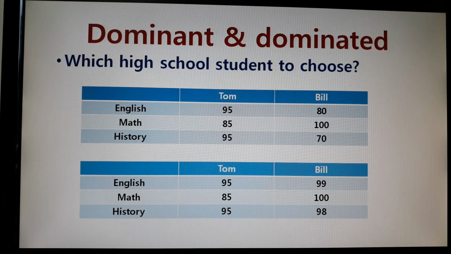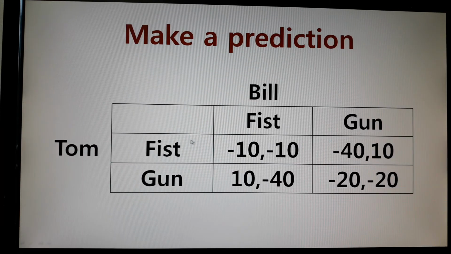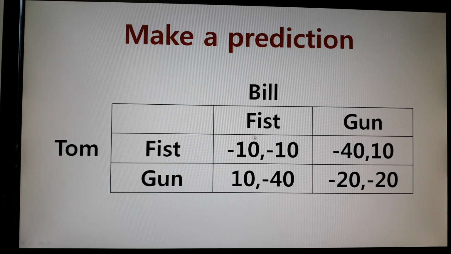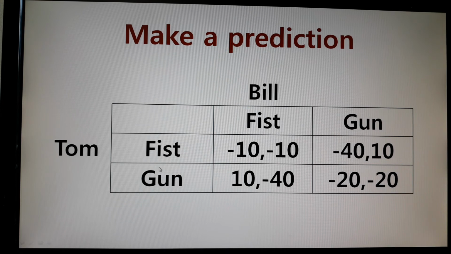Okay, so when Tom chooses gun instead of fist, the reason is whatever your opponent chooses, whatever strategy your opponent chooses, your strategy gun is better than your strategy fist, because 10 is bigger than negative 10, and negative 20 is better than negative 40.